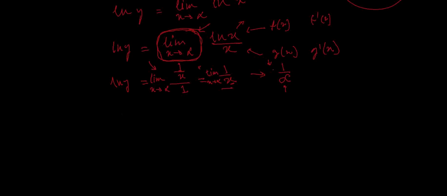This is not the limit yet, because we have ln y equals 1 by infinity. At the beginning we stated that y is the limit, but we have ln y now, so we have to get rid of the ln. To do that, we write y equals e to the power 1 by infinity, which is e to the power 0, which is 1. So the limit is y equals 1.